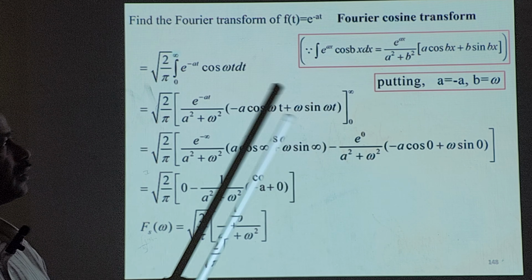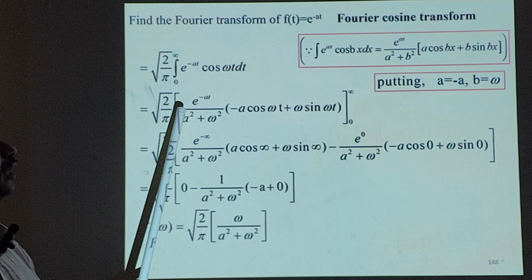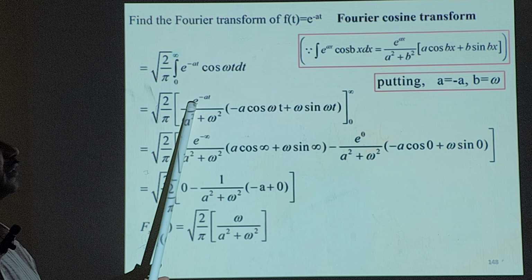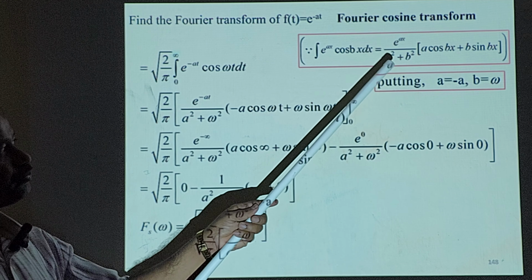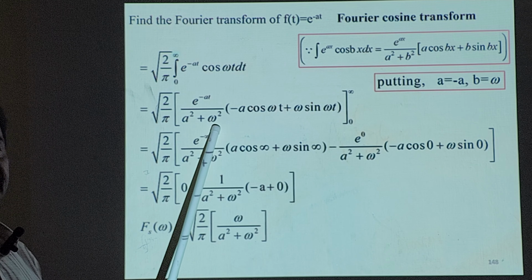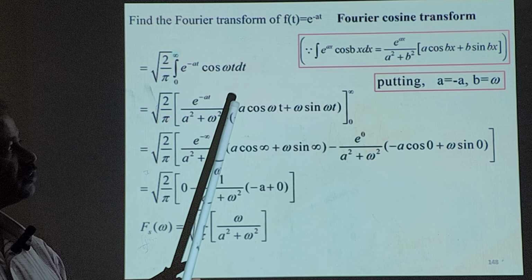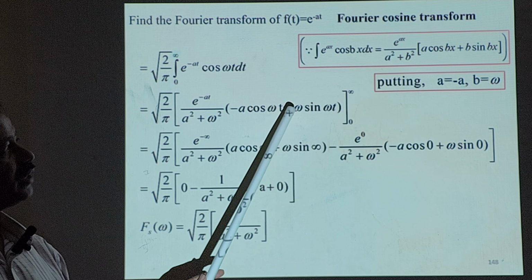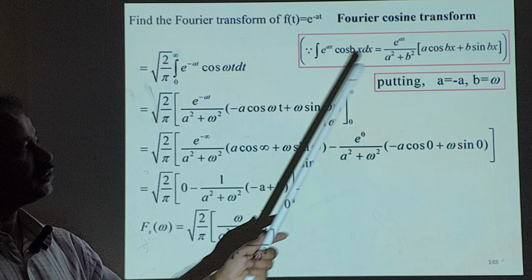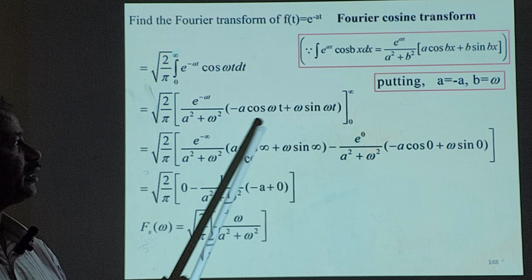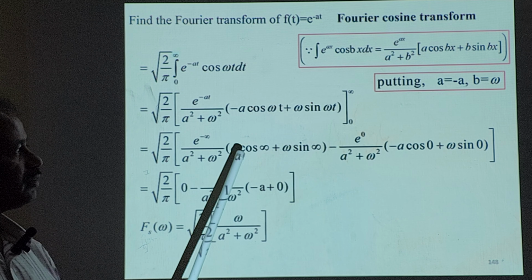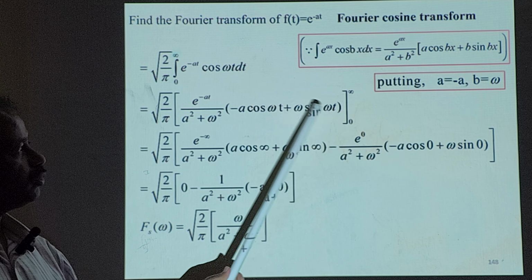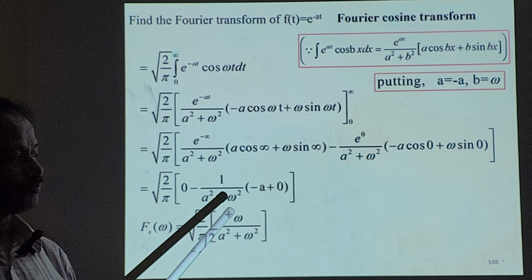You substitute the corresponding terms, and we get e power minus at divided by a square plus omega square. Instead of a, you have to substitute minus a cos omega t, plus instead of b, you substitute omega, so omega sine omega t. Now substituting the upper limit will give me the first term, and substituting the lower limit will give me the second term.